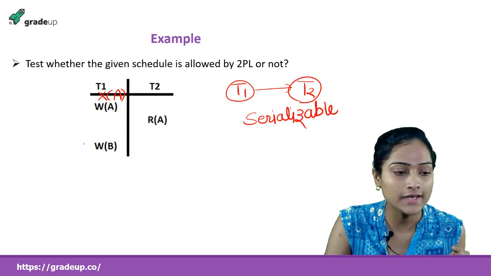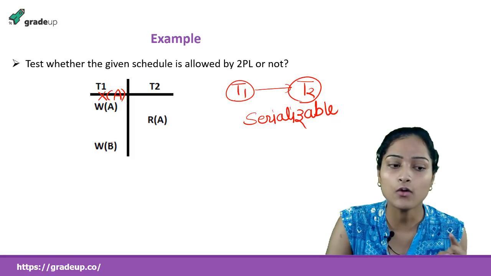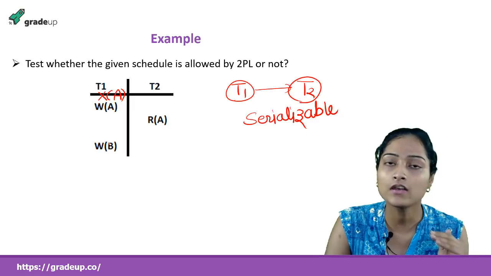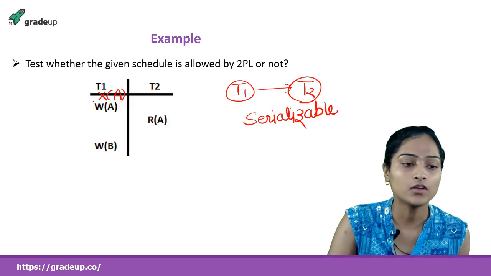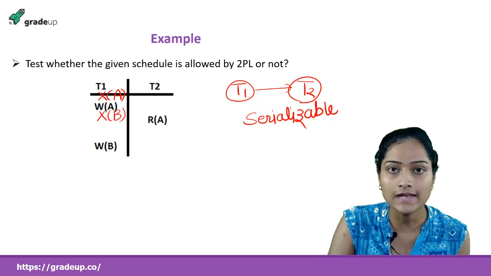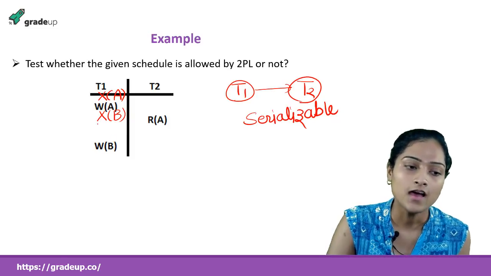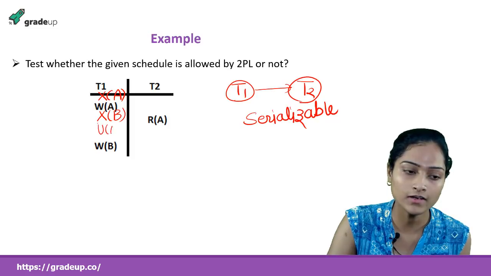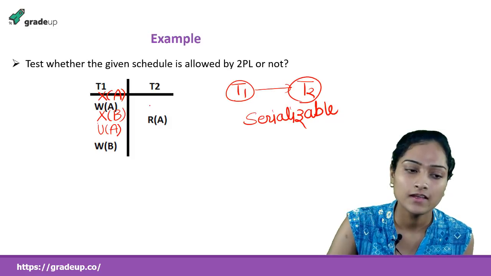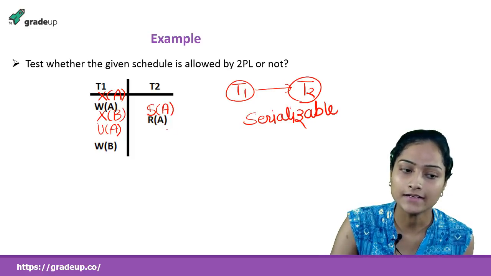But observe, you need WB. That is, you need a lock on data item B. Then you should acquire the lock on data item B before unlocking data item A. So what are you going to do here? First of all, you acquire a lock on data item B, which will be an exclusive lock, because the operation we are going to perform is a write operation. Then unlock data item A. Afterward, transaction T2 will lock data item A and can access it.